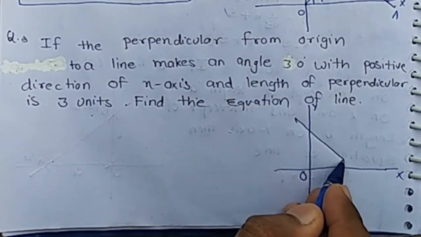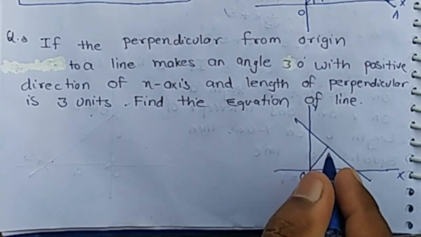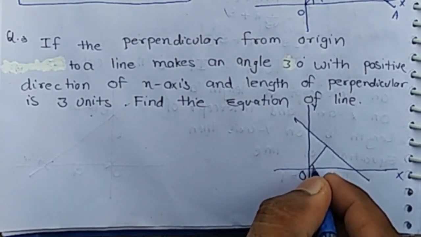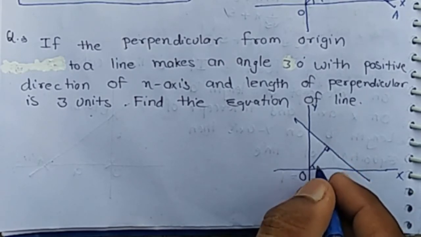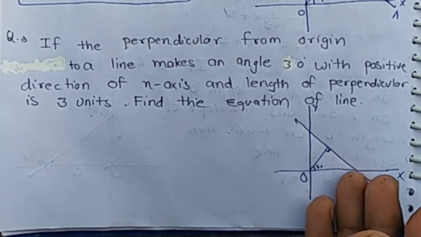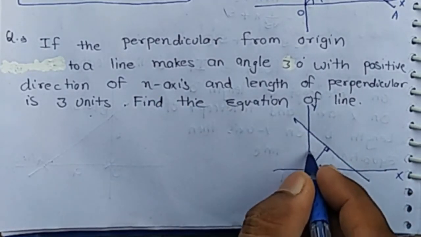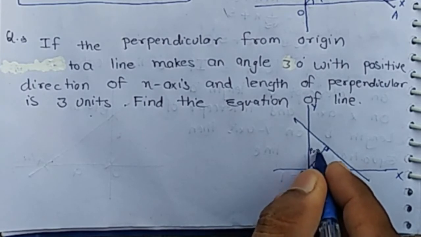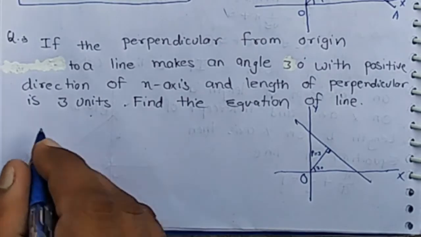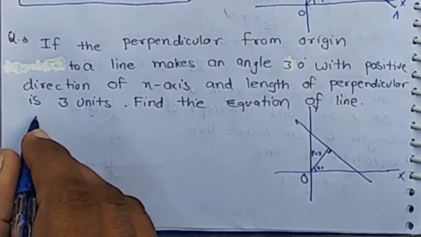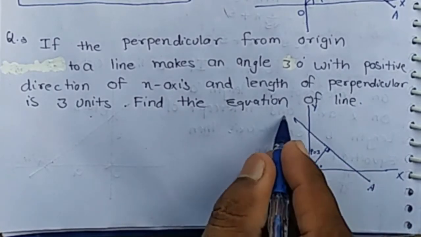Let this be the line and the perpendicular from the origin. Then we have to find the equation of AB.